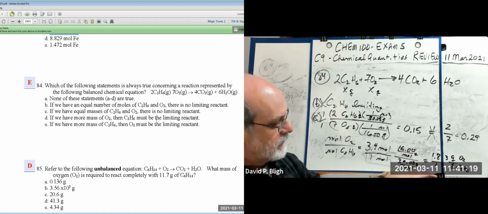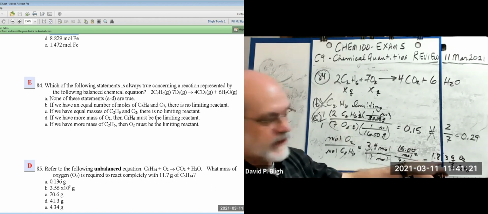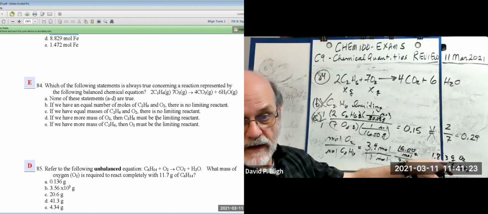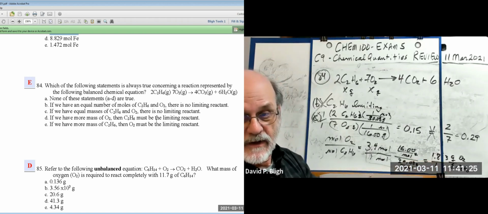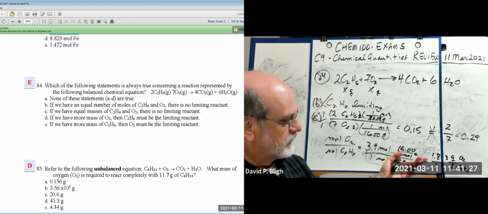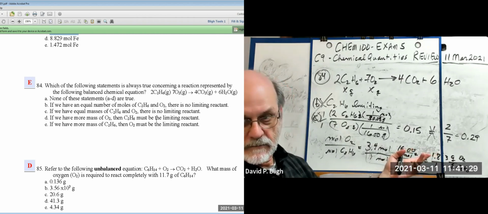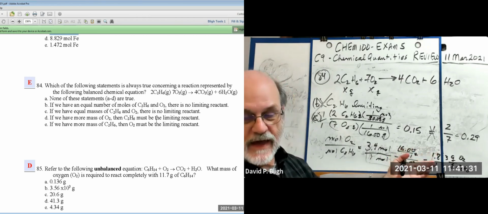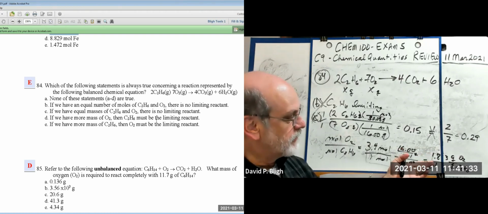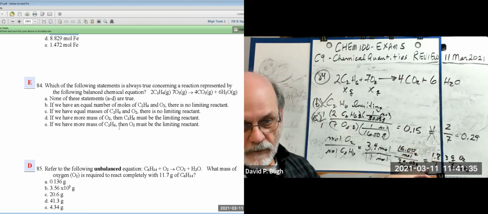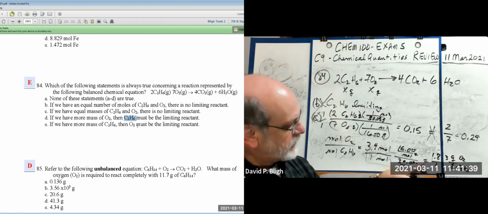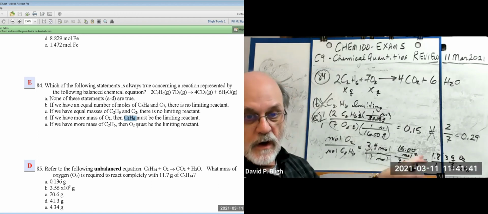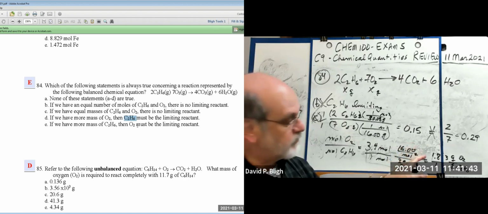Not necessarily. It has to exceed 1.83, right? You can't just say more mass and call it limiting, because it has to exceed that ratio. If you want to make this the limiting reactant, then you have to exceed the ratio of oxygen to ethane by 1.8.